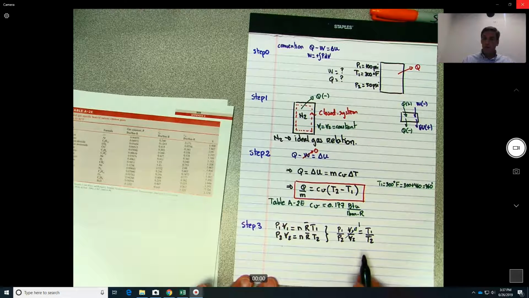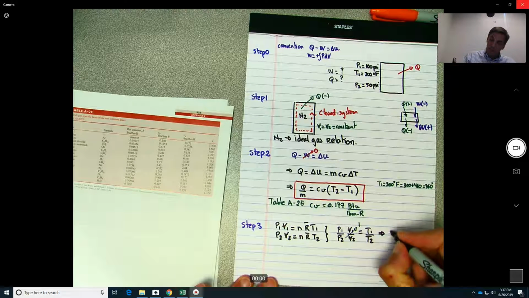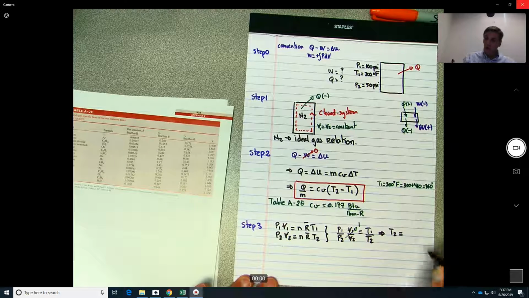We know P1, P2, and T1, so from this expression T2 will be equal to T1 times P2 over P1.